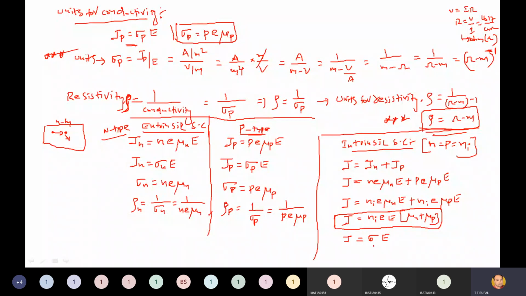Sigma is the conductivity of intrinsic semiconductor, and sigma is given by Ni into e into mu N plus mu P. So this is the conductivity sigma for intrinsic semiconductor, and these are the formulas for P-type semiconductor and N-type semiconductor in terms of drift currents.